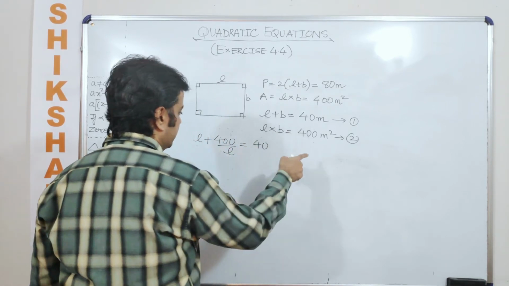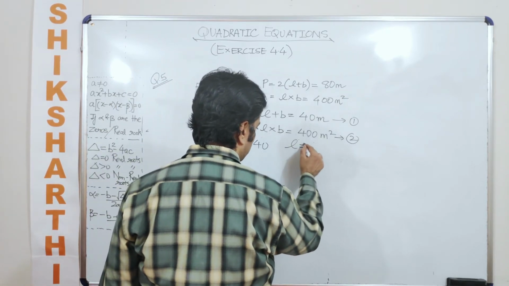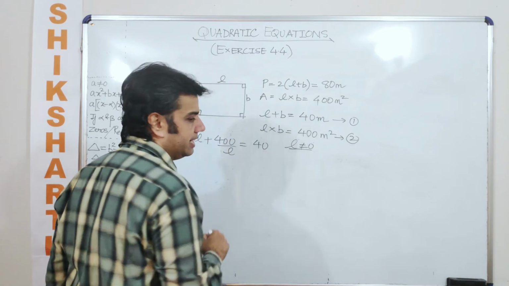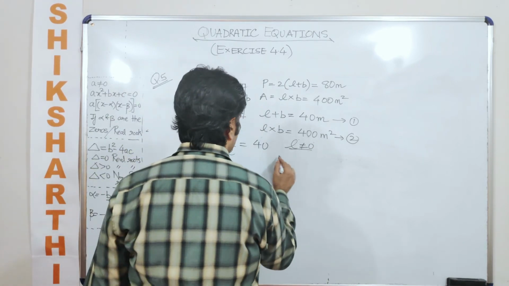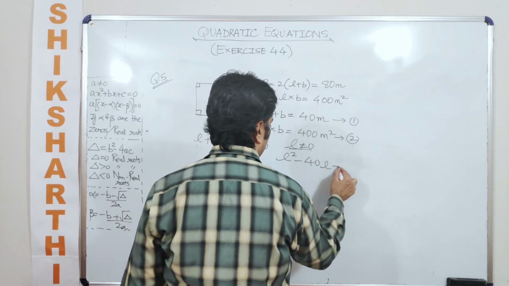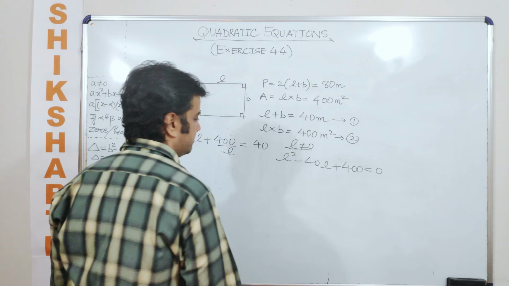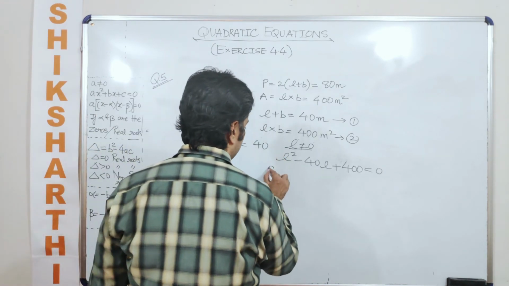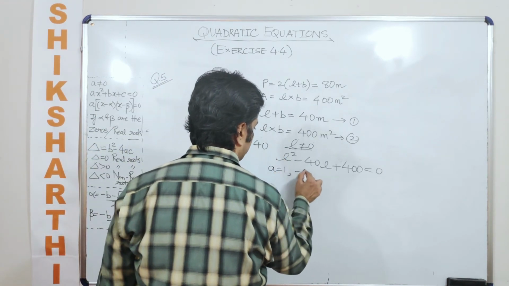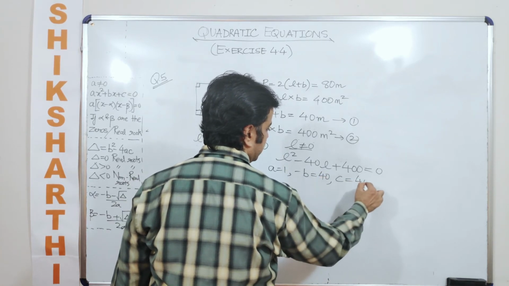So make this a quadratic equation now, assuming that L is not equal to 0, which it will not be because we have a rectangle. So we will say that L square minus 40L plus 400 is equal to 0, right? Now talking about the coefficients, A is equal to 1, B is equal to minus 40 and C is equal to 400 in this case.